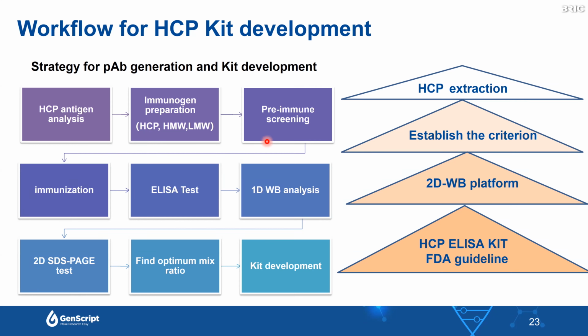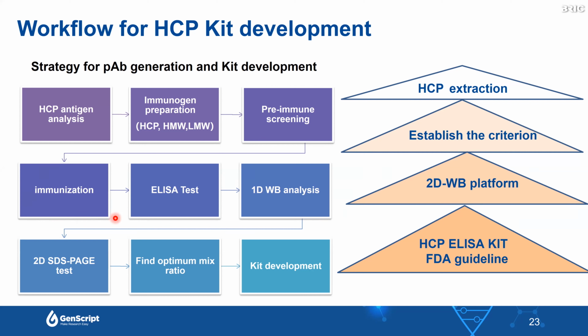After that, we immunize for 8 rounds for the high molecular weight proteins and 10 rounds for the low molecular weight proteins separately, as low molecular weight proteins are less sensitive to detect. Therefore, this will increase the immune response.